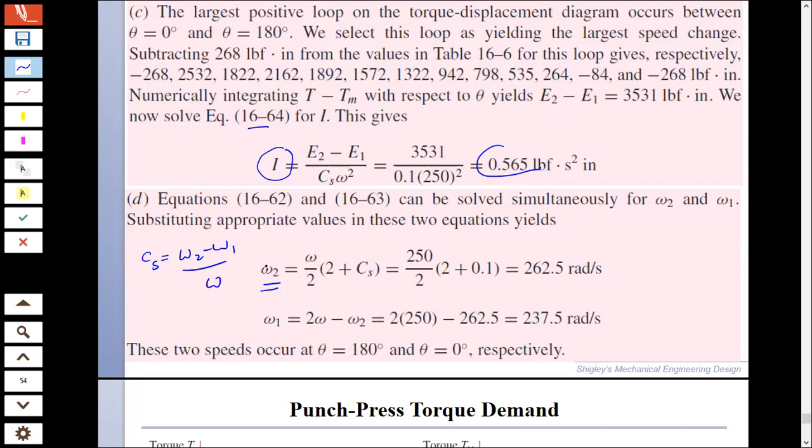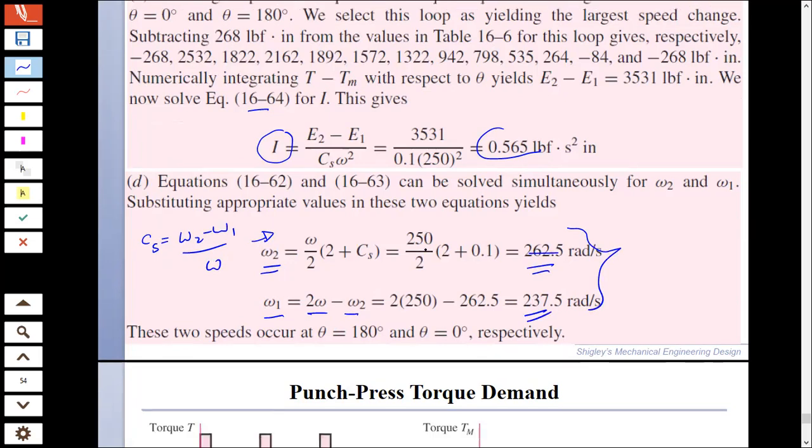So from this, we can go ahead and find our omega 2 or omega 1 from the relationship where your omega 1 is equal to 2 omega minus omega 2. So putting these values, you can get the value of omega 2 and omega 1.